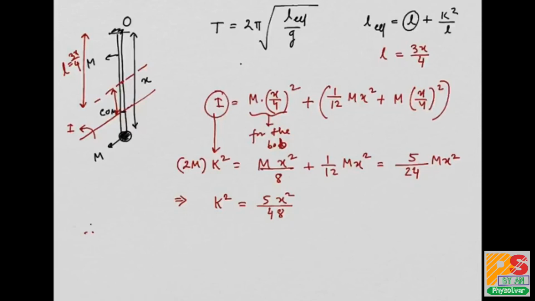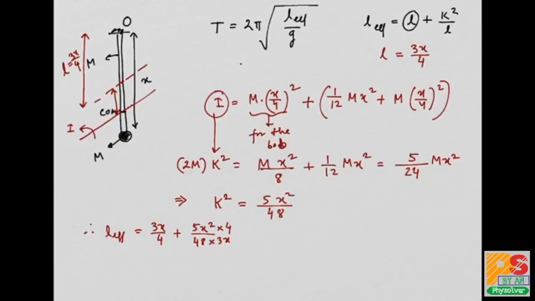Therefore L effective would become L plus k square by L. L is 3x by 4 plus k square, that is 5x square by 48, divided by L, that is 3x by 4.